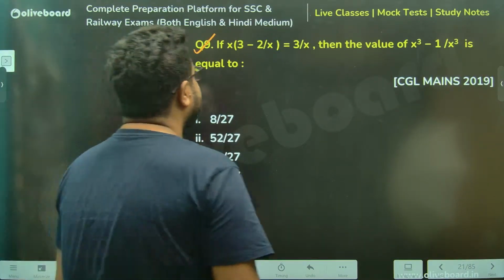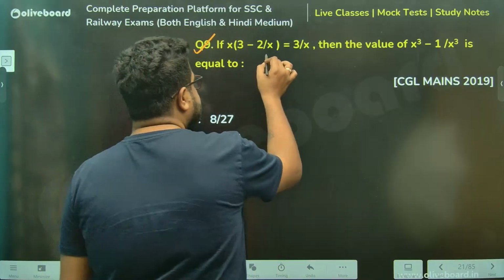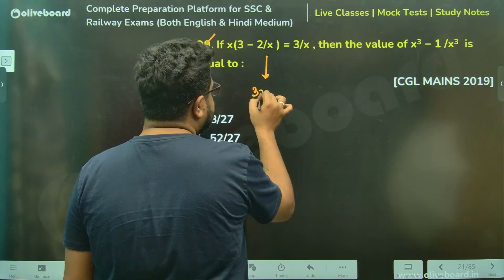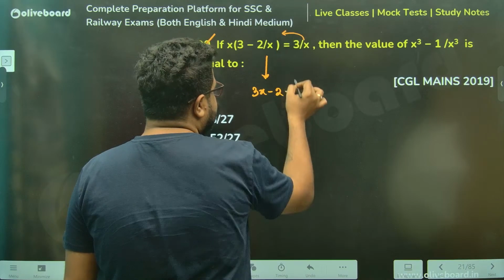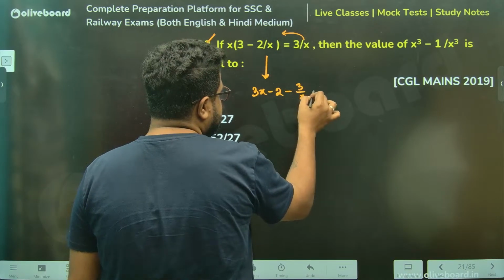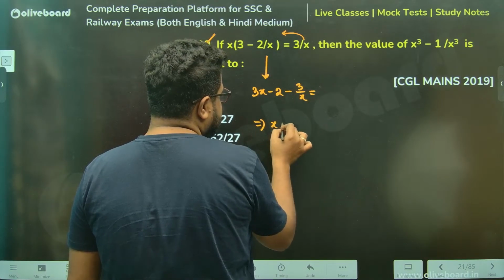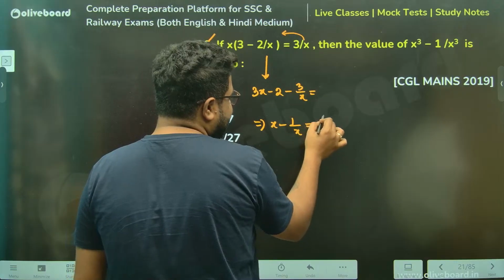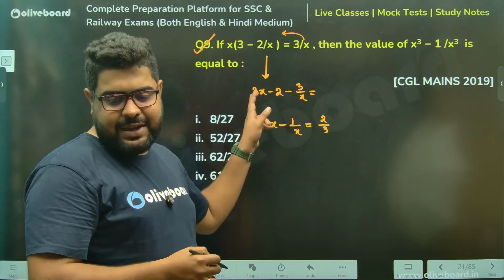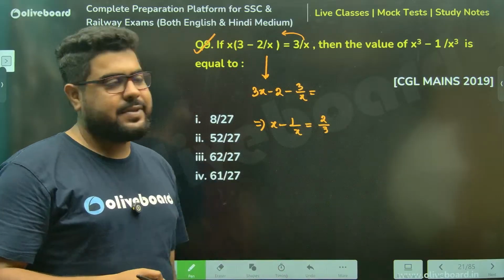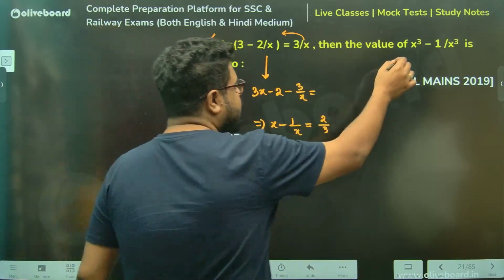First things first, let's multiply. This is 3x minus 2. And if I take this to this side, it will become minus 3 by x. Next line, jumping a step, will be 2 by 3. I've sent this 2 to this side and taken a 3 common and divided. Now I need x cube minus 1 by x cube.